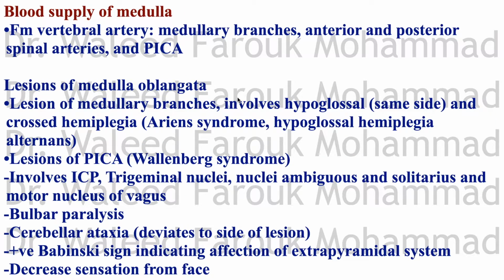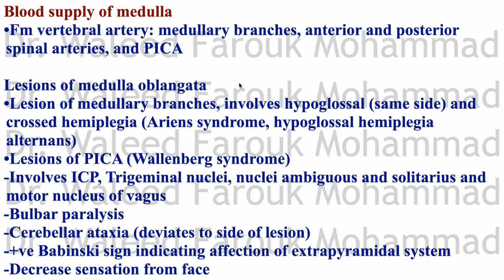The blood supply of the medulla is from the vertebral artery: direct medullary branches from the vertebral artery, anterior and posterior spinal arteries, which are branches of the vertebral artery, and the posterior inferior cerebellar artery, which is a branch from the vertebral artery. And we will get to them when we study the cerebellum.